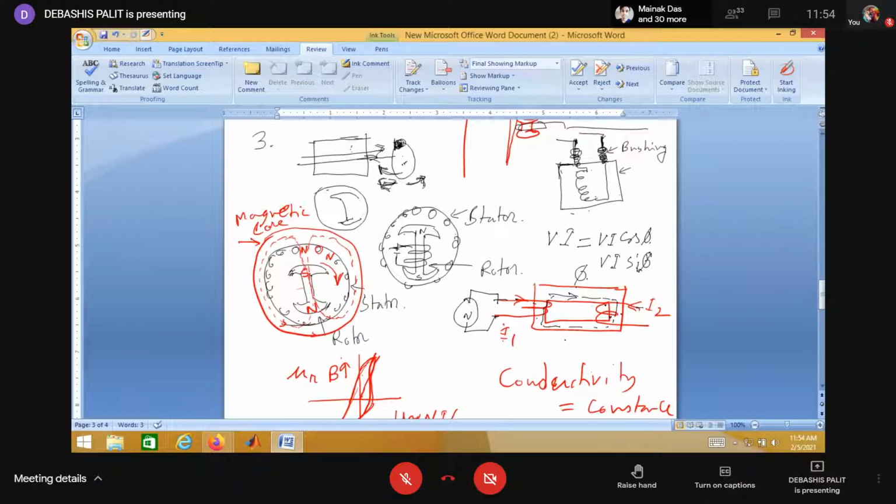But some amount of power is required to originate the magnetic flux. Only originating the magnetic flux, so that is your reactive power. Just like in a capacitor, some amount of power is required to carry out the charging current.